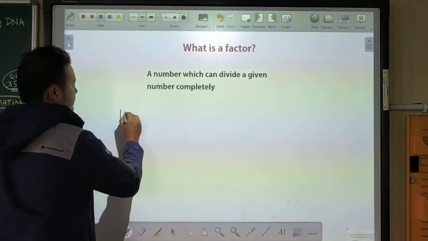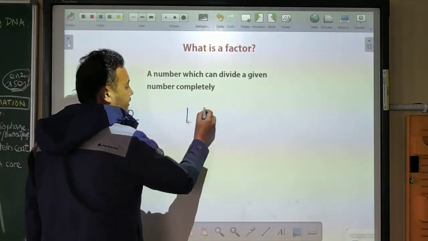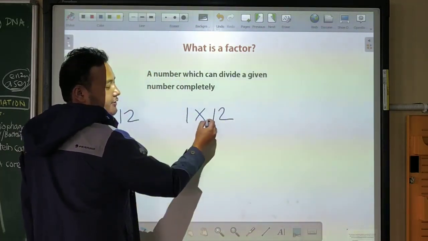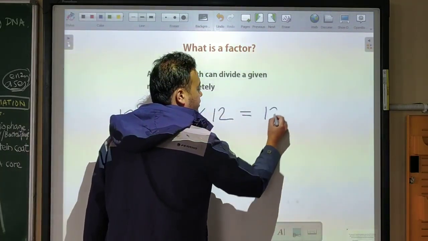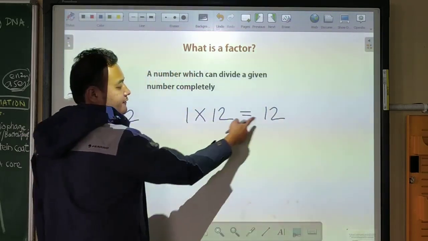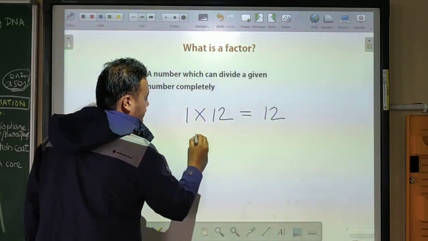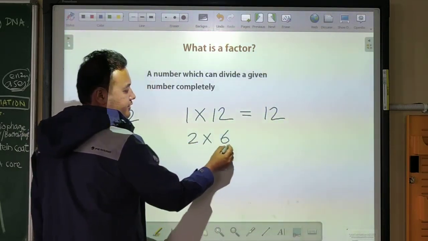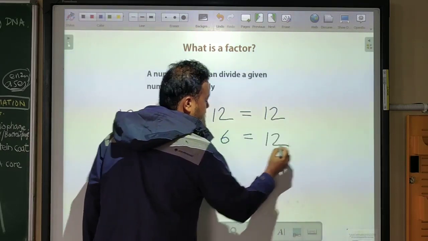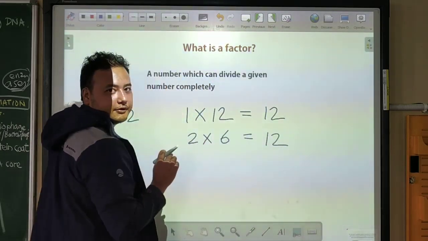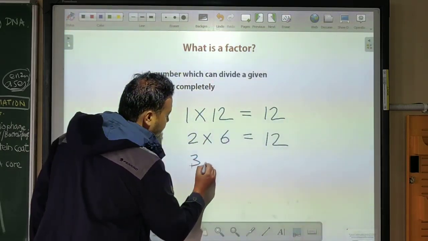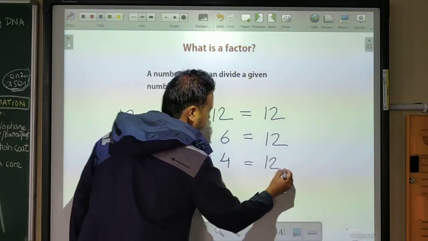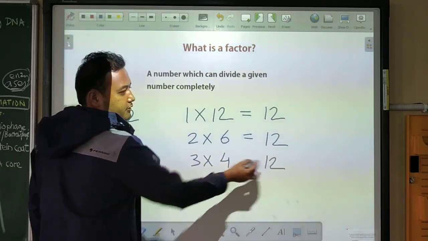With 12, you have 1 and 12, which when you multiply, 12 into 1 or 1 into 12 will give you the result 12. So 1 and 12 are factors of 12. You can have 2 and 6, 6 into 2 or 2 into 6 will give you 12 again. So 2 and 6 are also factors of 12. 3 into 4 will also give you 12. 4 into 3 or 3 into 4 is 12.